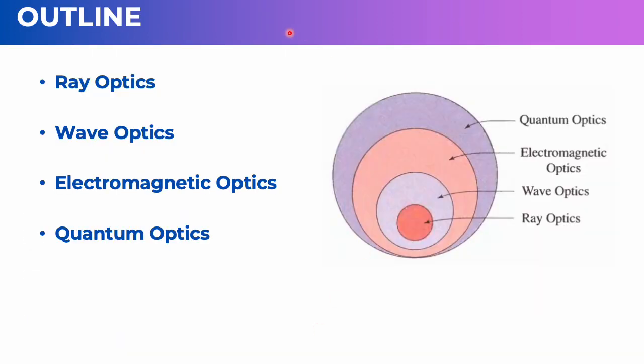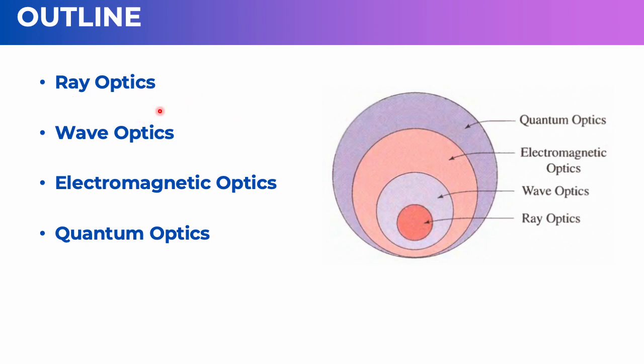So the outline of this talk is that we'll go through each of the theories of optics, starting from ray optics, which is the very first and most fundamental theory, then wave optics, electromagnetic optics, and lastly quantum optics.